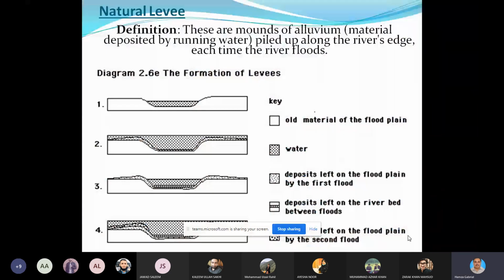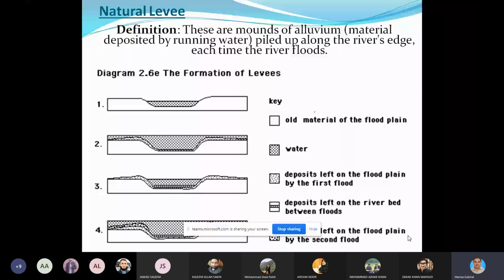So coming to the natural levees, which are formed naturally, we can define them as mounds of alluvium, which is the material formed by the running water, and it keeps on depositing various layers by the various floods in different years.